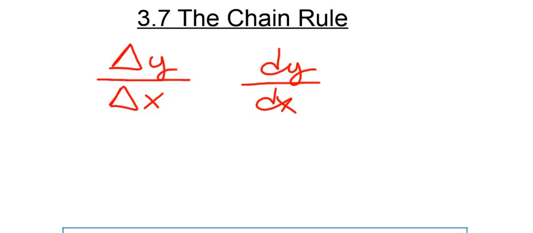So what if we have some kind of function that is not by itself? What if we had, for example, y equals the square root of x squared plus 2? It's really a composite function. If that's the case, then there's two ways our book likes to talk about how to do the chain rule.